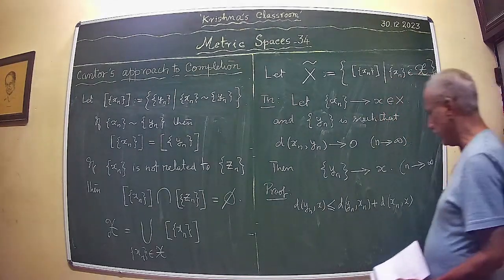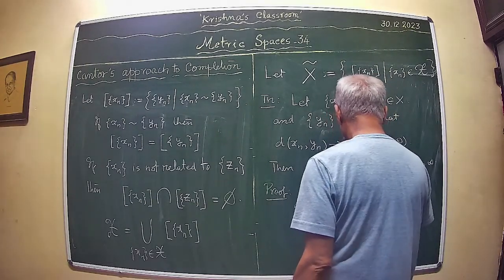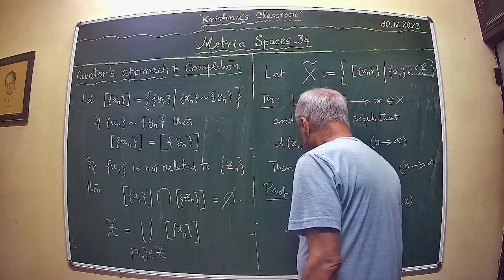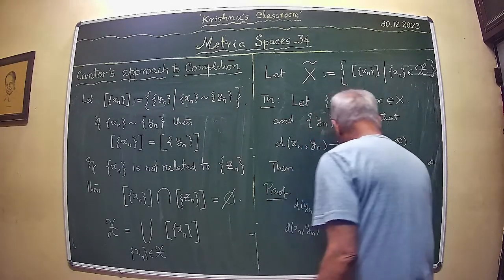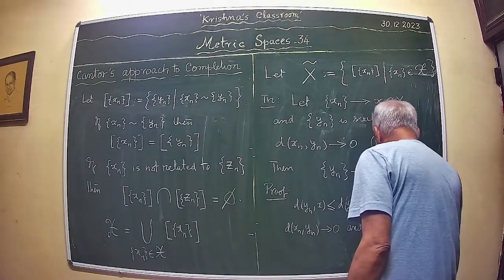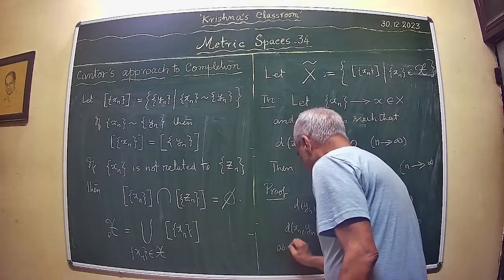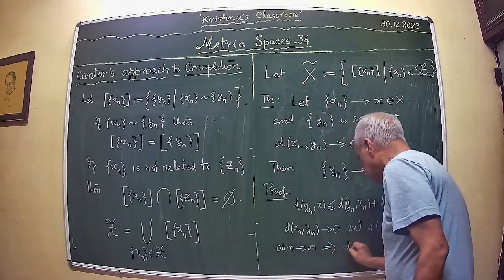And clearly d(y_n, x_n) goes to 0, and d(x_n, x) goes to 0 as n tends to infinity, which implies d(y_n, x) goes to 0.